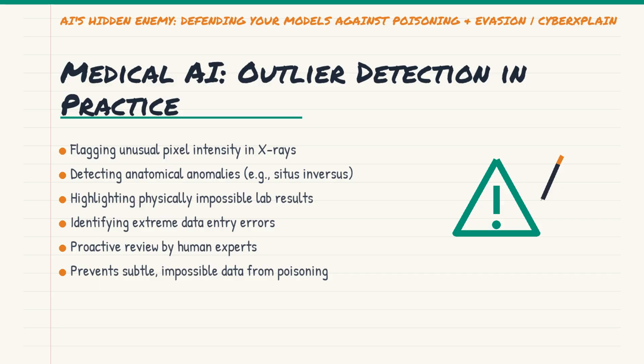For numerical data, an anomaly detector might highlight a patient's lab result like blood pressure 300 by 200. It's numeric, but physically impossible for a living human, flagging potential data entry errors or malicious inputs. This proactive flagging gives human experts a chance to review before it poisons the model.